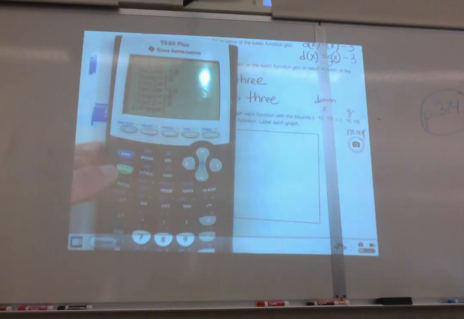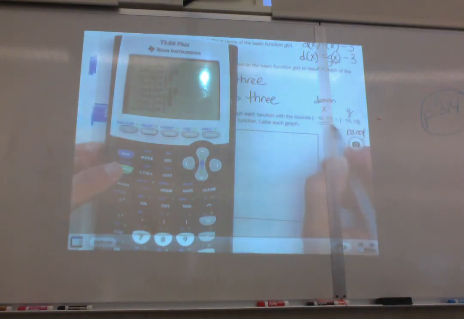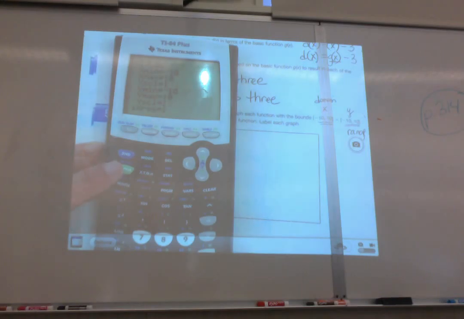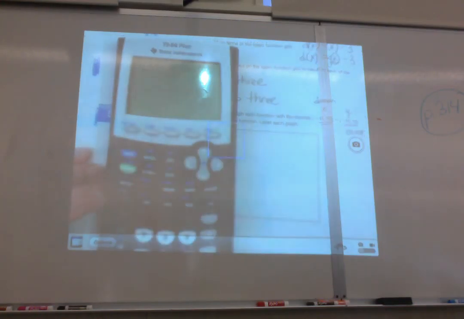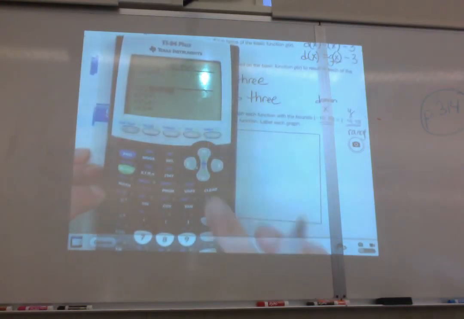Change the scale back to 1. This is what they're telling us with these brackets: the range for the x's, the range for the y's. Are we good? Make sure I turn these on. Good. All right. Now we go to y equals, get rid of old functions.